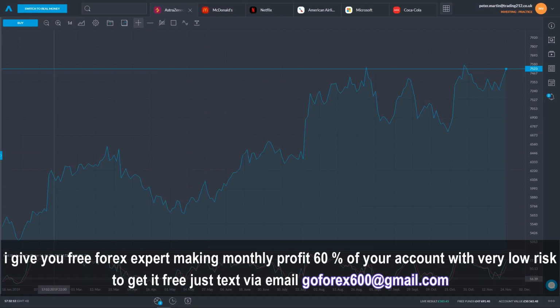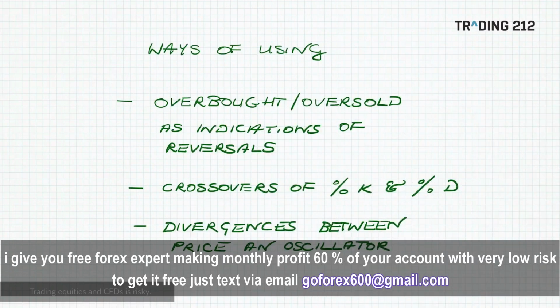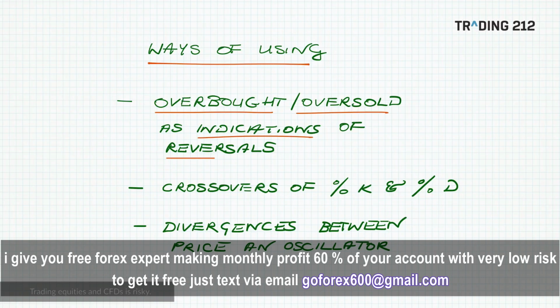So let's now talk about how to use the stochastic oscillator. Now there are a number of different ways in which the stochastic oscillator can be used. What I'm going to do here is just summarize 3 common ways in which it is used. So 3 different ways of using the stochastic. First one of which is to use it just to indicate overbought and oversold regions and use those as indications of potential reversals in price.